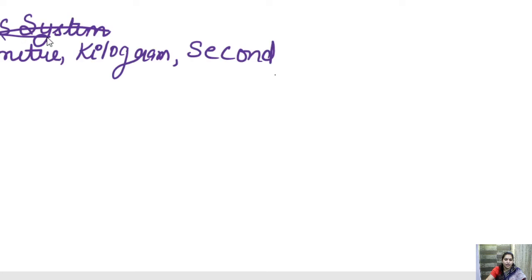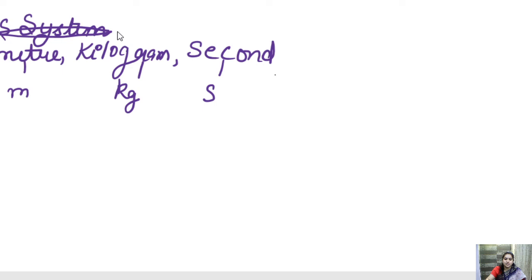The symbol of meter is small m. Kilogram is represented as kg, small k and g. Second is represented as s. Apart from the MKS system, we also have FPS system, that is foot, pound and second. Then we have CGS system, that is centimeter, gram and second.